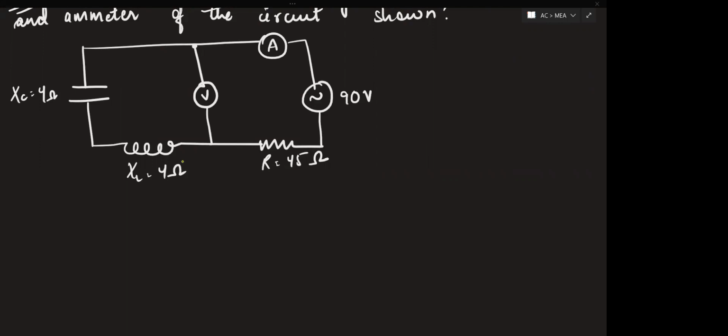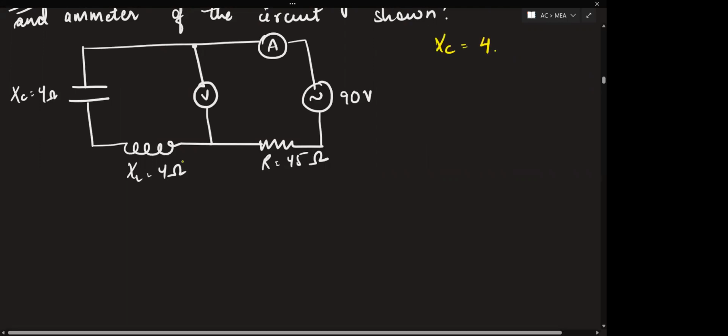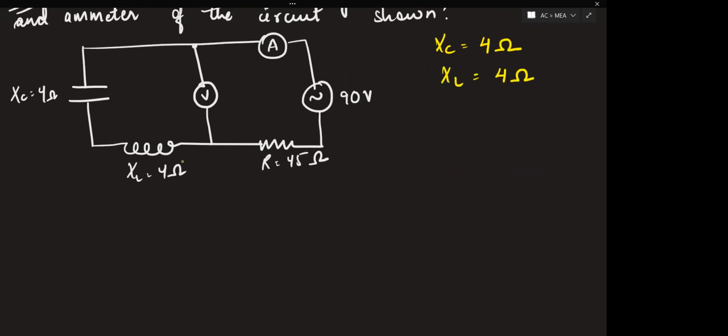XC is written as 4 ohms. XL is written as 4 ohms. Resistance is given as 45 ohms. Voltage will be 0 and the current 2 ampere. Yes, exactly. Right answer.